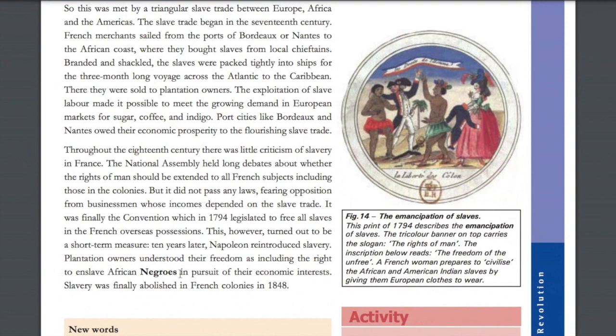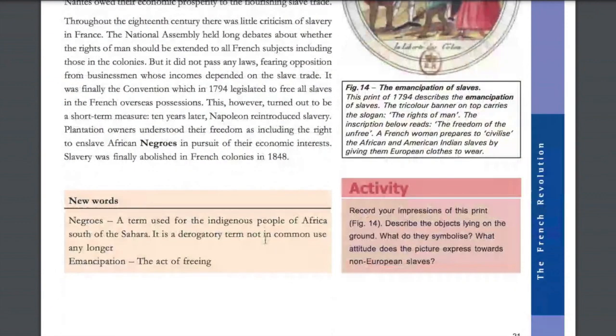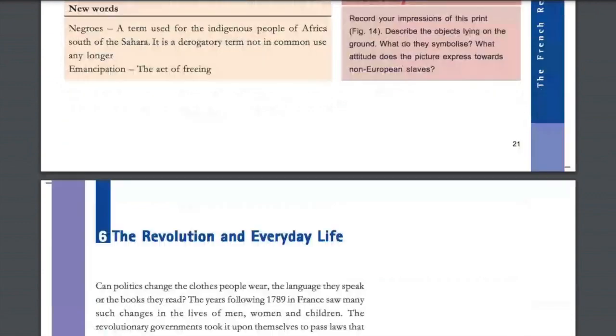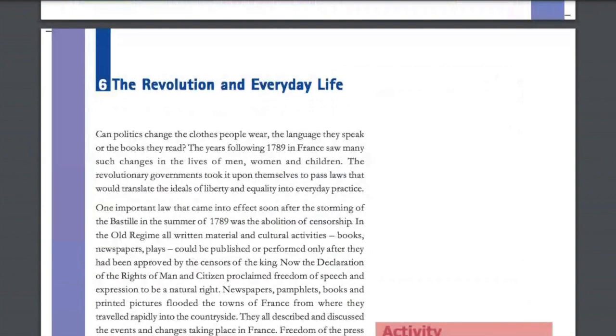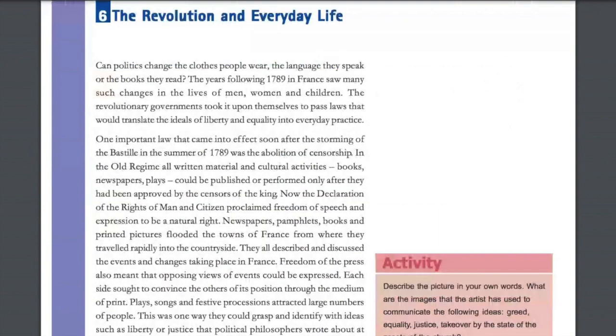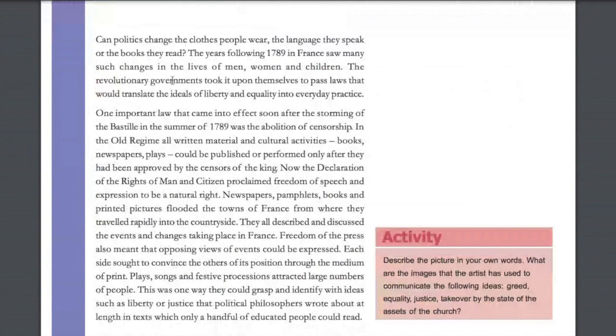The plantation owners understood their freedom as including the right to enslave African Negroes in pursuit of their economic interests. Slavery was finally abolished in French colonies in 1848. So when Napoleon came back, slavery was reintroduced.